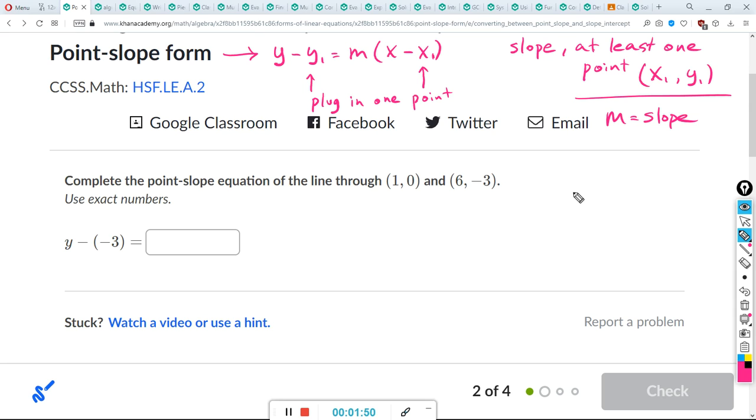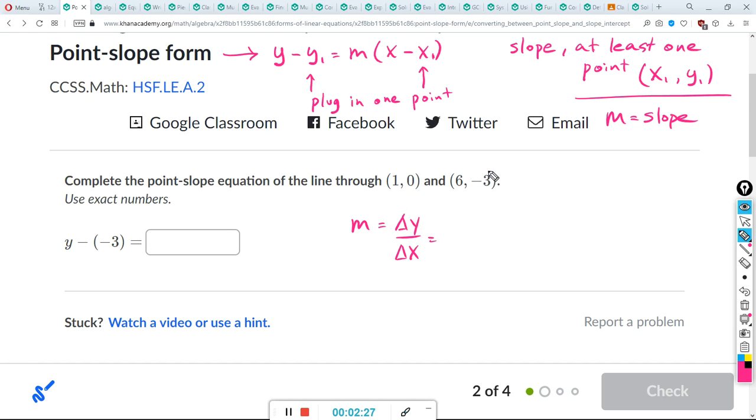So here they want us to complete the point slope equation of the line through these points. Since we need slope for m, let's do that first. We know that m is the change in y over the change in x. The first coordinate number is x and the second one is y.